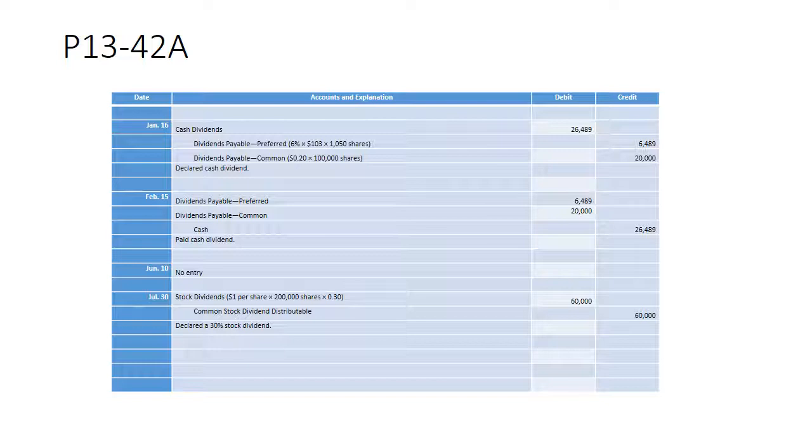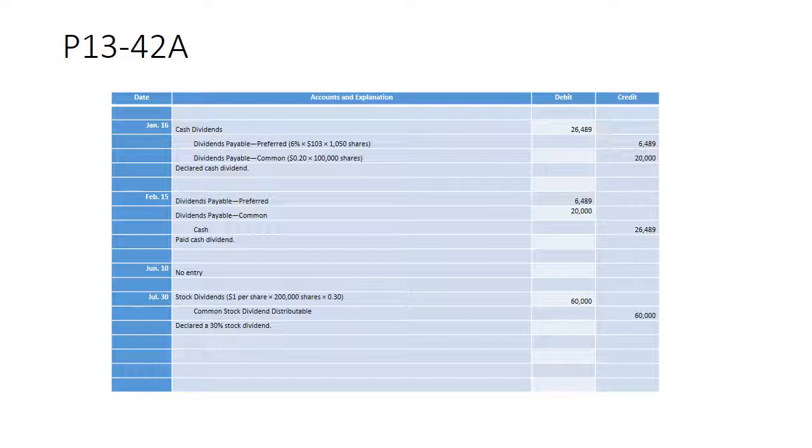Add those two together, and that's your debit to cash dividends. The date of record is ignored for our purposes. That's a name collection date. The next important date would be February 15th when the cash dividends are paid. And just like in our prior problem, we would debit dividends payable, preferred and common, and then credit cash.